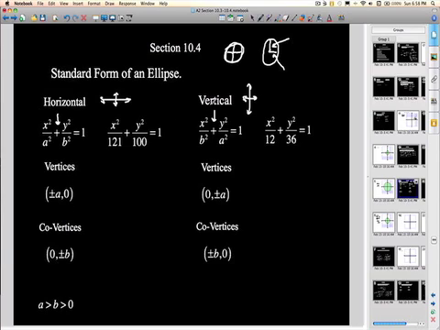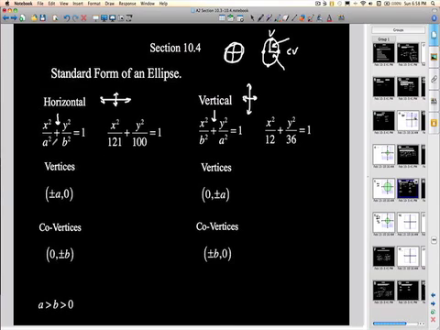The vertices are the far points the long way through, so these would be the vertices, and the covertices are the furthest points the short way through the ellipse. So those would be the covertices here and here, vertices here and here. And we can find those by finding the square roots of these denominators.